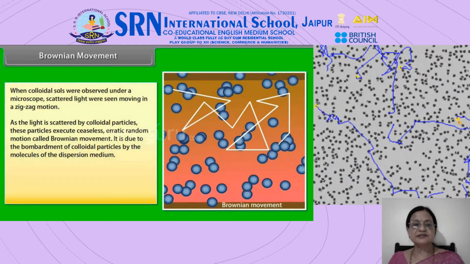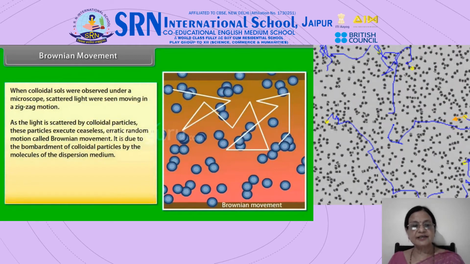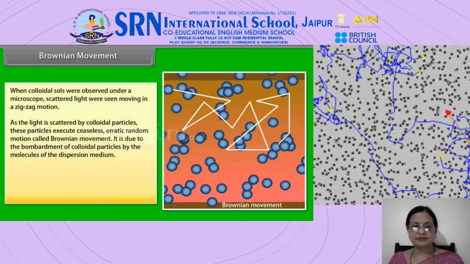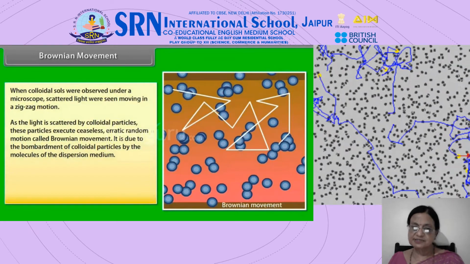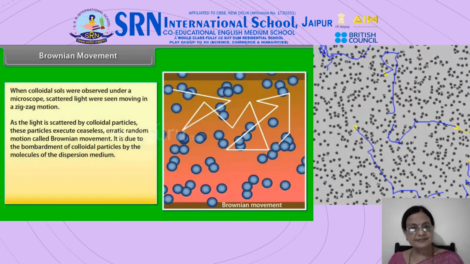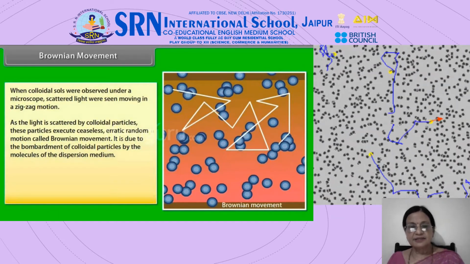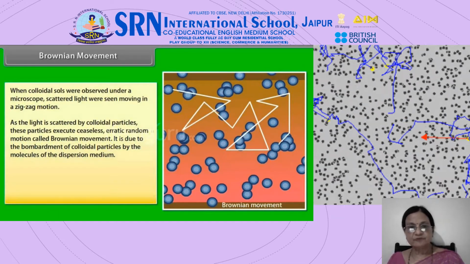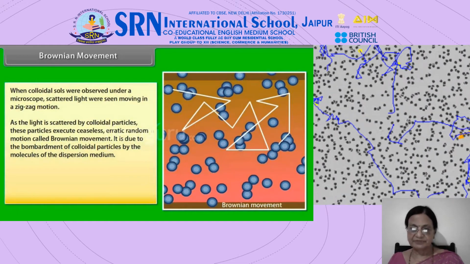When light is allowed to pass through the colloidal solution, the light is scattered by colloidal particles, and these particles execute a ceaseless, erratic, random motion called Brownian movement. It is due to the bombardment of colloidal particles by the molecules of the dispersion medium.